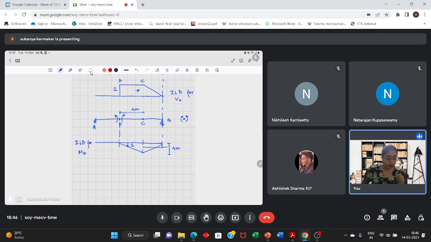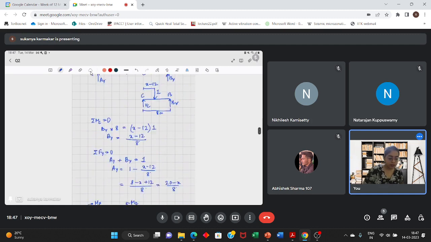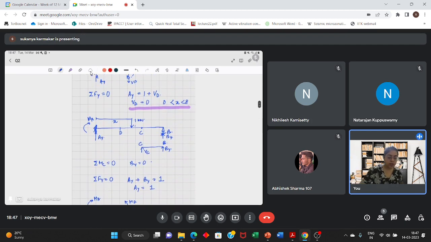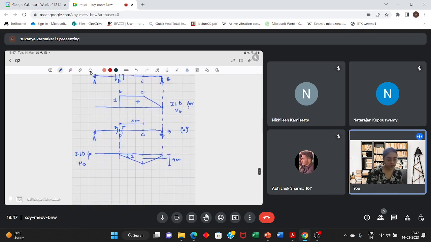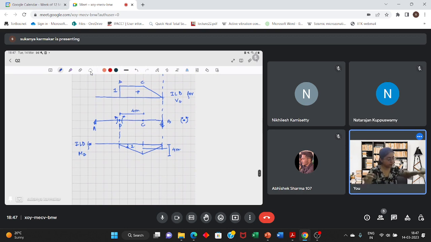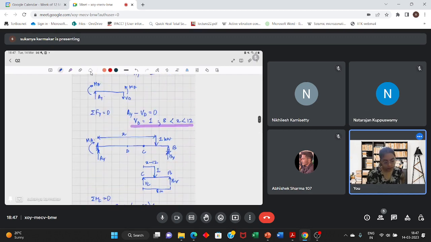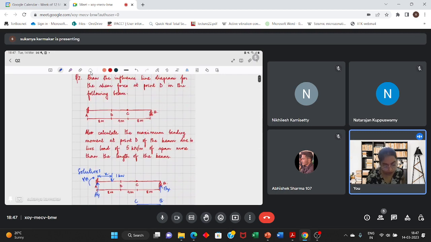You can arrive at the same ILD using this technique also, where you take the unit load, place it, and calculate the support reaction, then write the equation for moment. It can be done in that manner also. So what do we have to calculate?